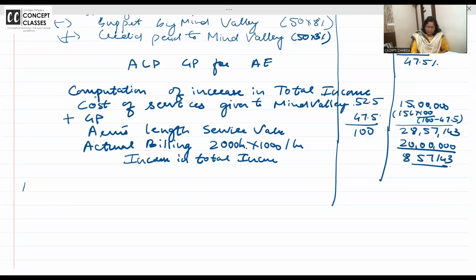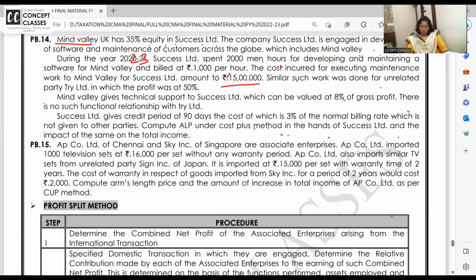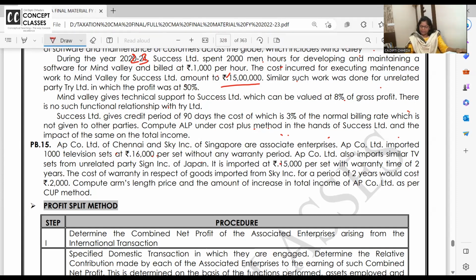Chalo, one more last one and then this method is over. APCO of Chennai and Sky of Singapore are associate enterprise. APCO imported 1000 TVs at 16,000 per set without any warranty.